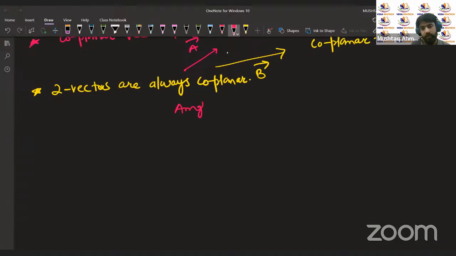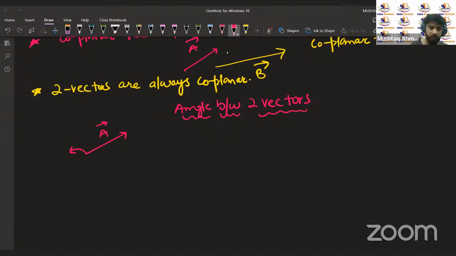Now let's try to understand what the angle between two vectors is. Suppose this is a vector A, and this we call the tail of a vector, and this we call the head or tip of a vector.